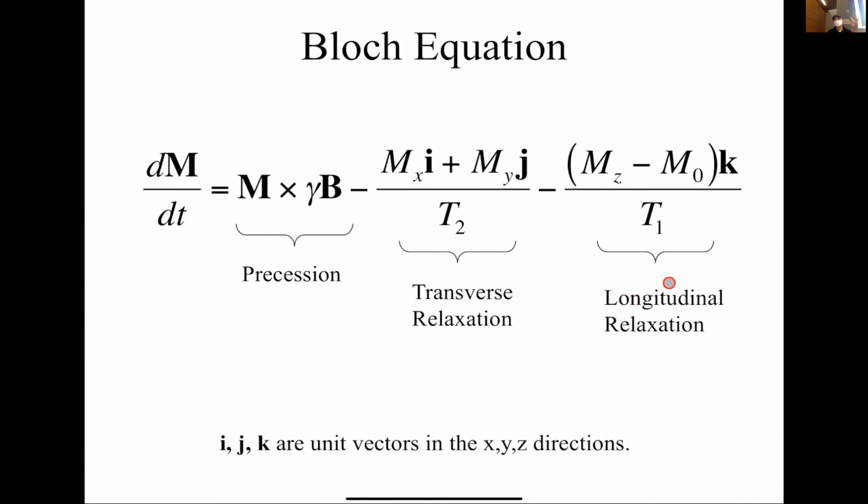So three things are going on at the same time: there's precession, there's decay in the transverse plane, and there's growth in the longitudinal direction. And even though it's a very simple equation, if you understand this equation, it can be used in many different ways to give rise to many interesting properties.